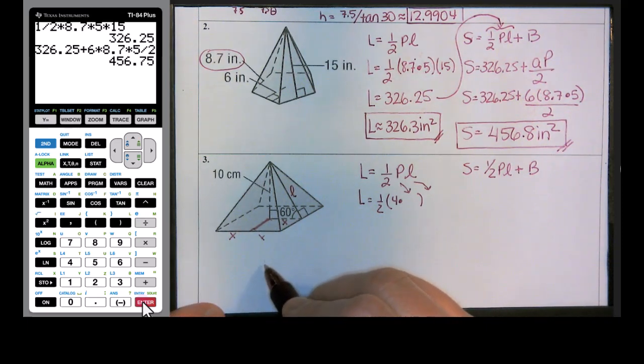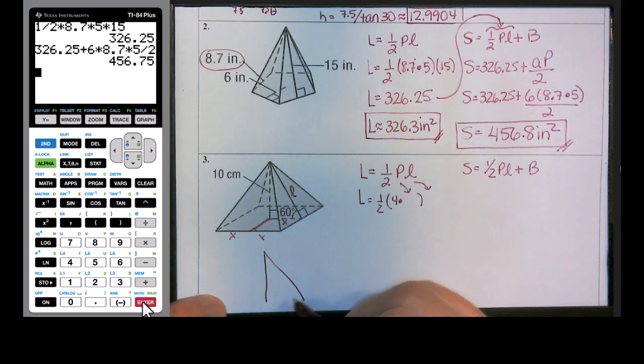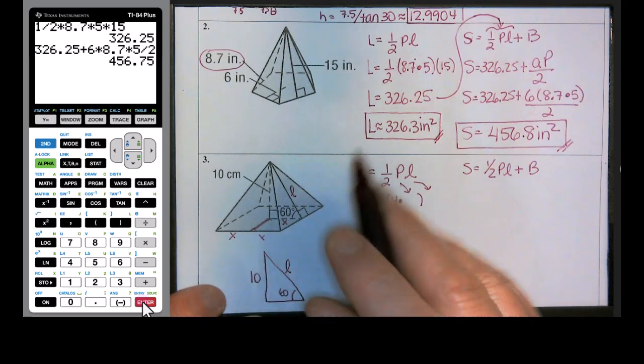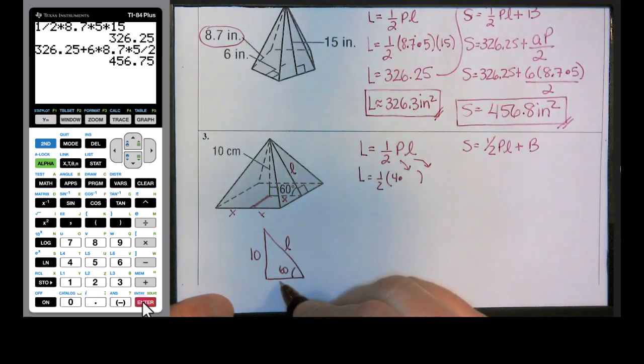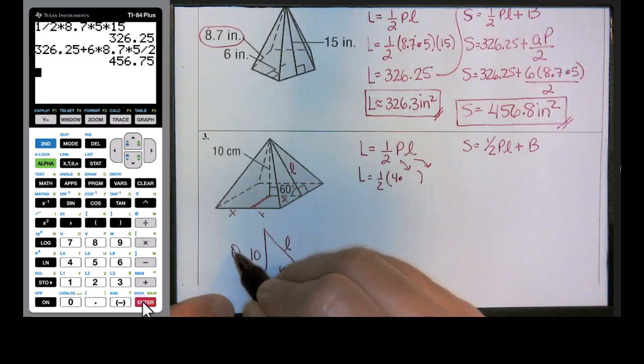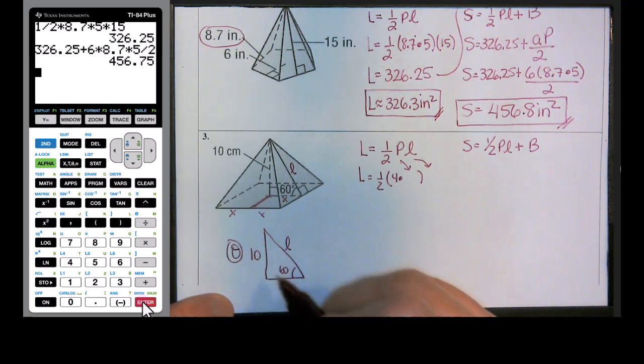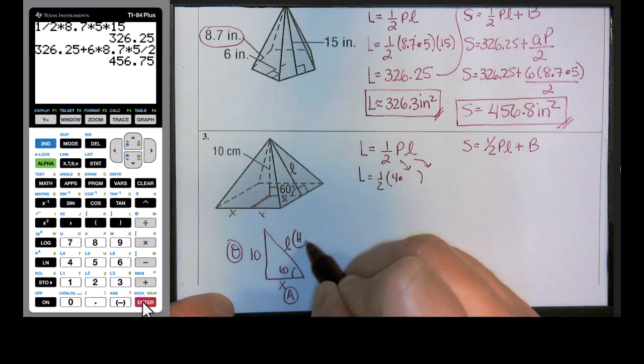Let's see what we have here. We have this triangle inside there, which is 60 degrees. We know that this is the slant height. We know that this is 10. And we know that this is X. So this would be my opposite side, this would be my adjacent side, and this would be my hypotenuse.